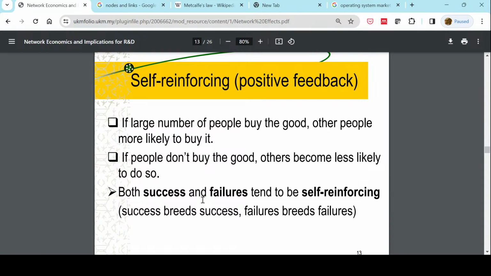So if a large number of people buy the good, other people are more likely to buy that good, that product. If people don't buy the product, other people also become non-buyers of the product. So both success and failures tend to be self-reinforcing. The word self-reinforcing means if you succeed, you will succeed again and again. If you fail, you will fail and fail again. So success breeds success, failure breeds failure.